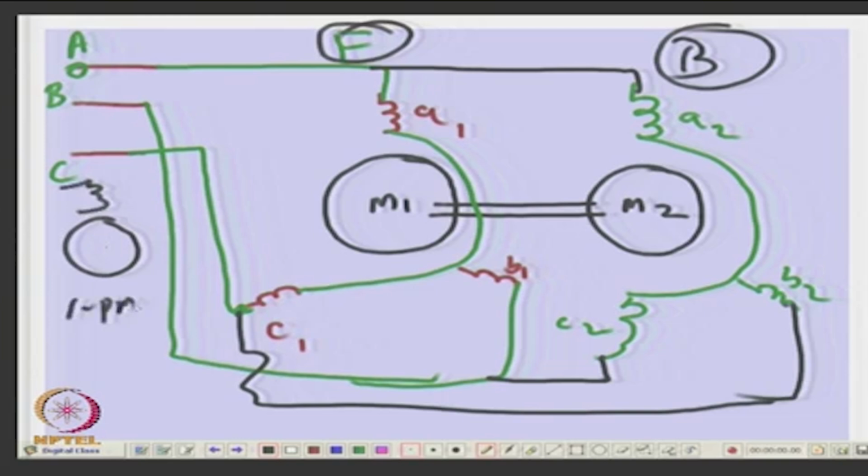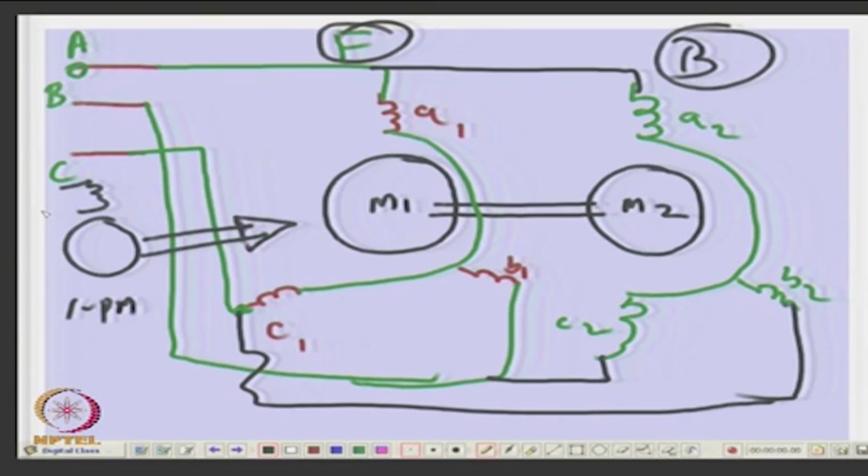Is it clear? So, this will be equivalent to a single phase motor. The single phase motor is equivalent to this. So, instead of applying only one phase voltage, you divide the voltages into half per phase and apply this 3 phase supply.